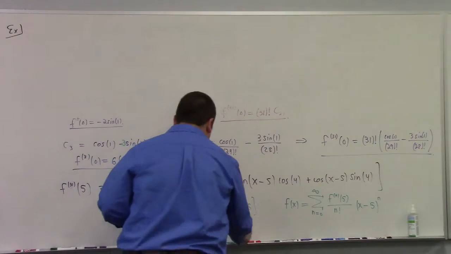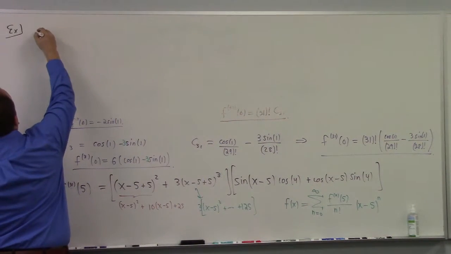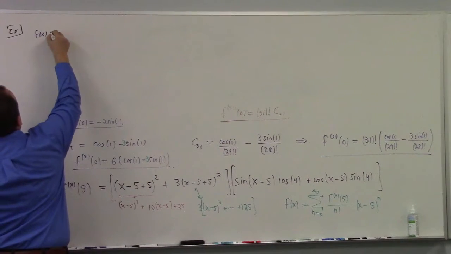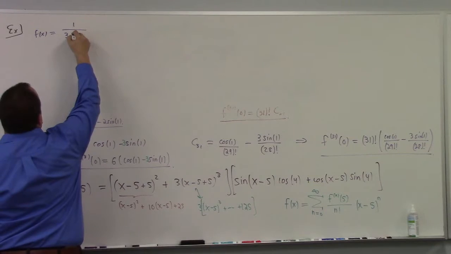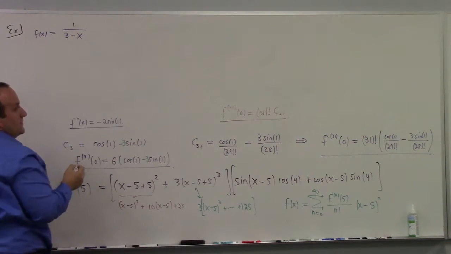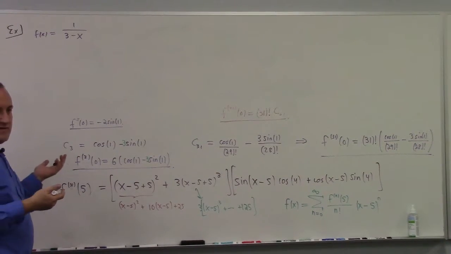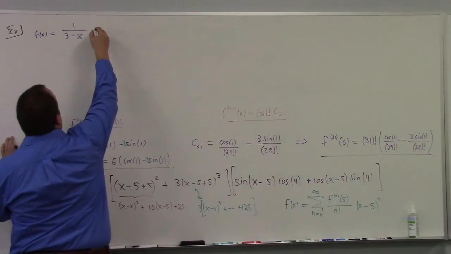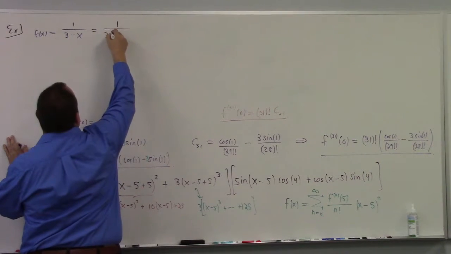All right, so for example, if I had something like f of x equals 1 over 3 minus x, we could write this different ways, different places, right? So first of all, if I want to express this as a power series at 0, I just factor out the 3, right?